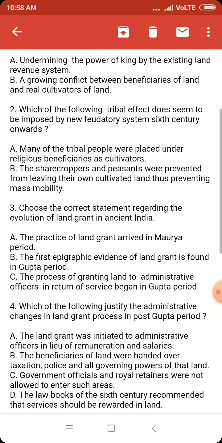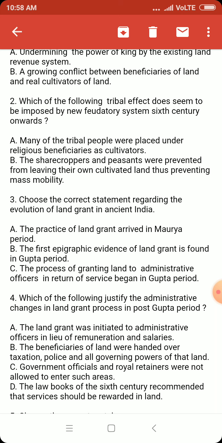Question number 2. Which of the following tribal effects seem to be imposed by the new feudatory system from the 6th century onwards? We have seen that till the 6th century, the king only granted land to particular persons like Brahmins and temples. But from the 6th century onwards, the king began to grant land to administrative officers also, in return for salaries and other remuneration.